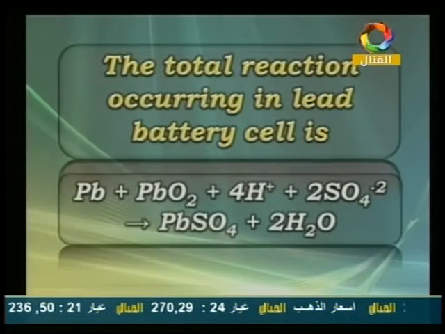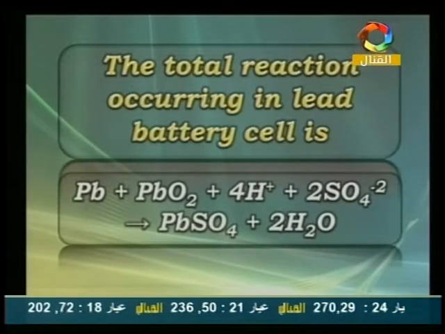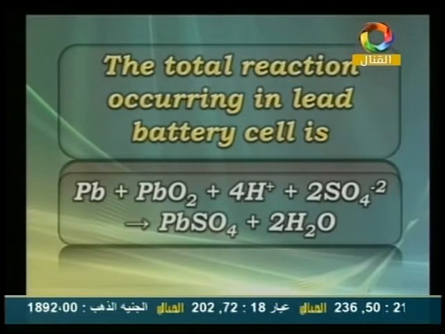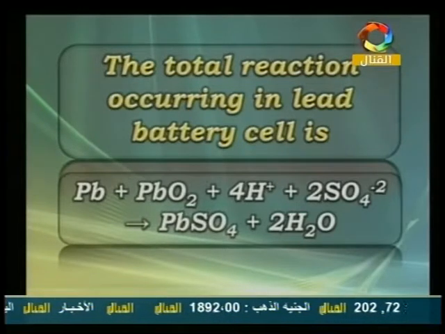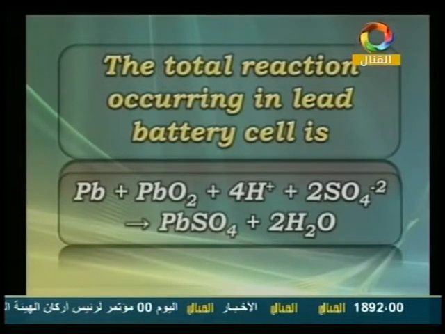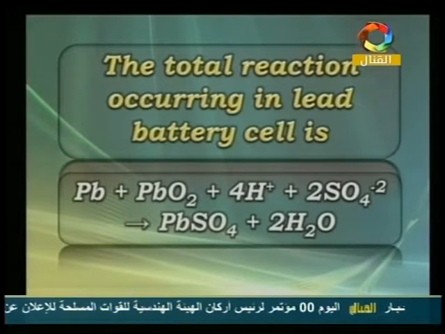The total reaction occurring in the lead battery cell is Pb plus PbO2, lead plus lead dioxide, plus 4H+ that comes out from H2SO4, and we have 2SO4 2- ions of sulfate.